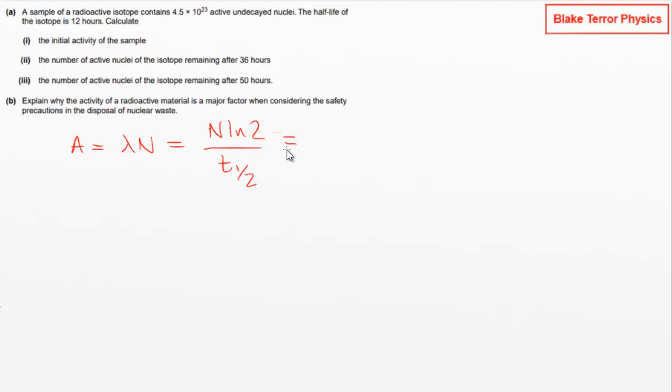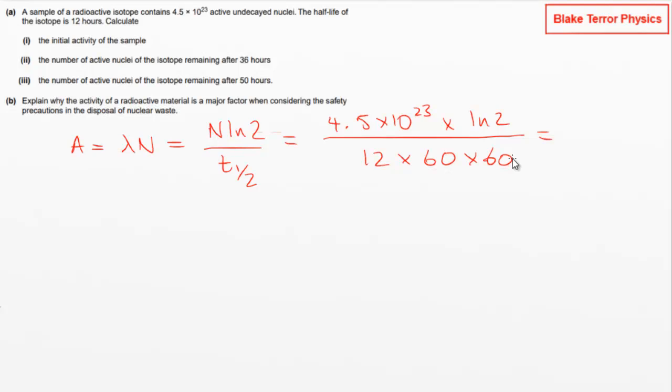That is equal to 4.5 times 10 to the 23 multiplied by ln 2 divided by 12, but that's hours, so you need to multiply by minutes and then seconds. So let's put all of this into the calculator, and that is giving 7.22, but let's go with 7.2 times 10 to the 18, so becquerel or seconds to the -1.